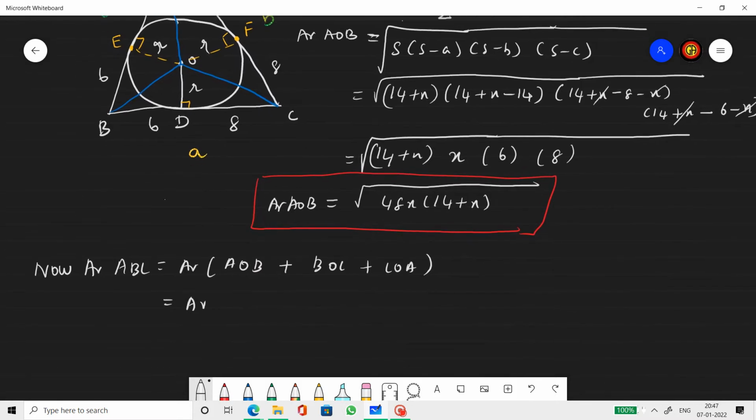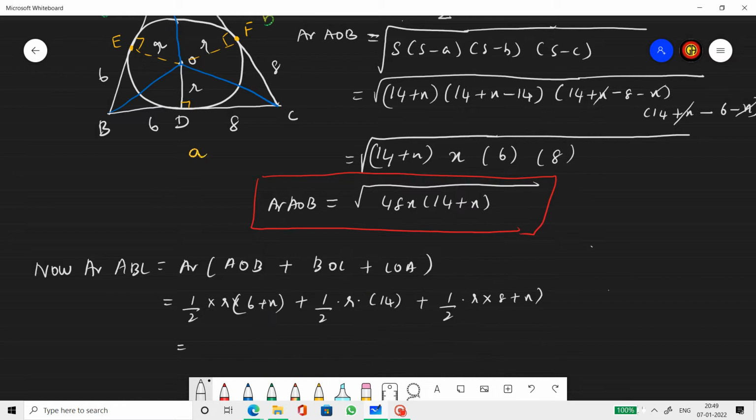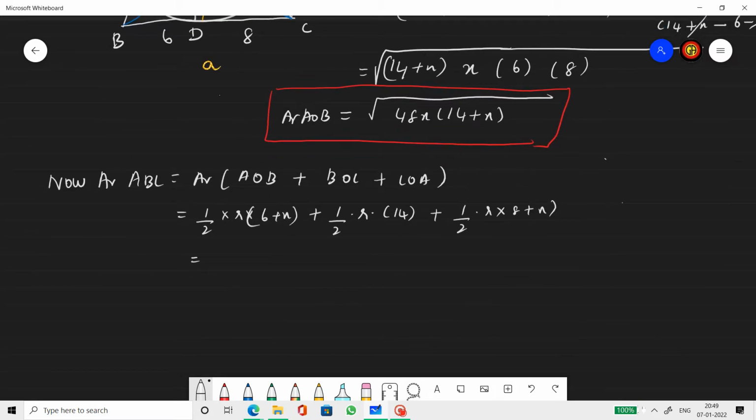So we get half into r into 6 plus x, plus half into r into 14, plus half into r into 8 plus x. So if you simplify this further, this would be the area of AOB, BOC and COA.